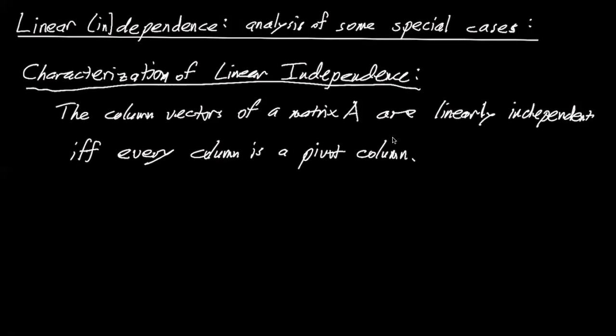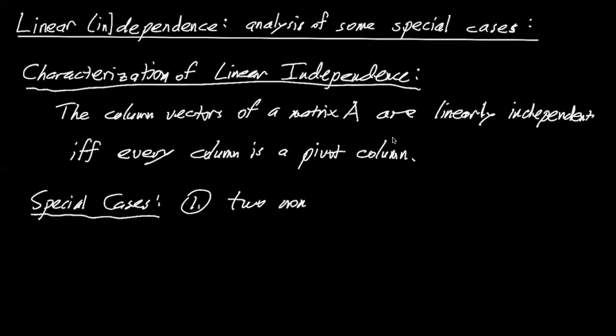All right, so let's analyze some special cases, using this to make our lives easier. So here's one, two vectors. Actually, let me say two non-zero vectors for now, because zero vectors are going to be a different special case. If you have two vectors, v1 and v2, how do you tell if they're linearly independent or not?